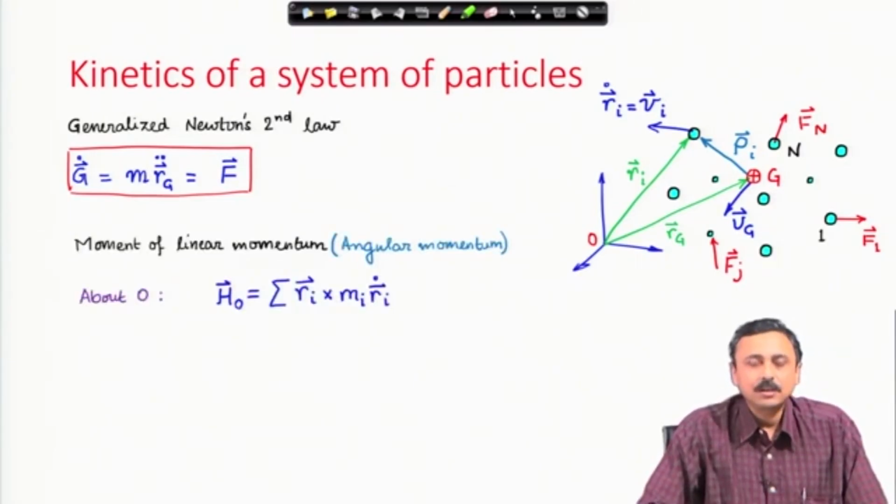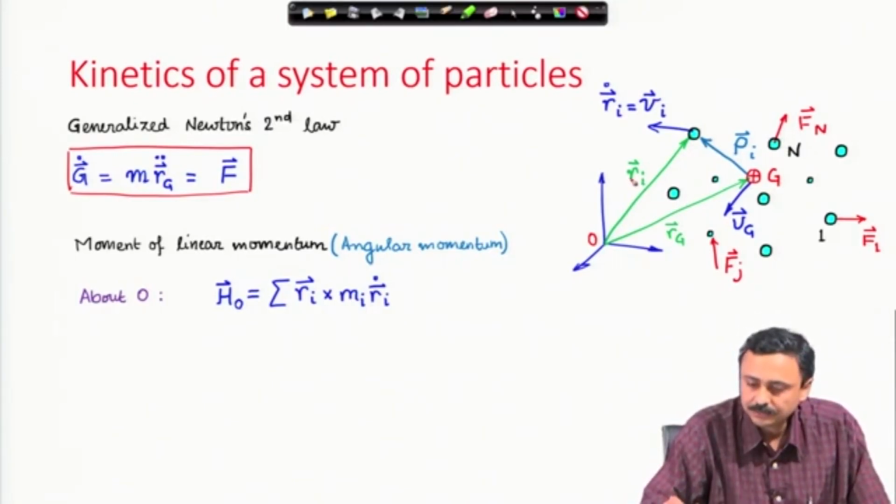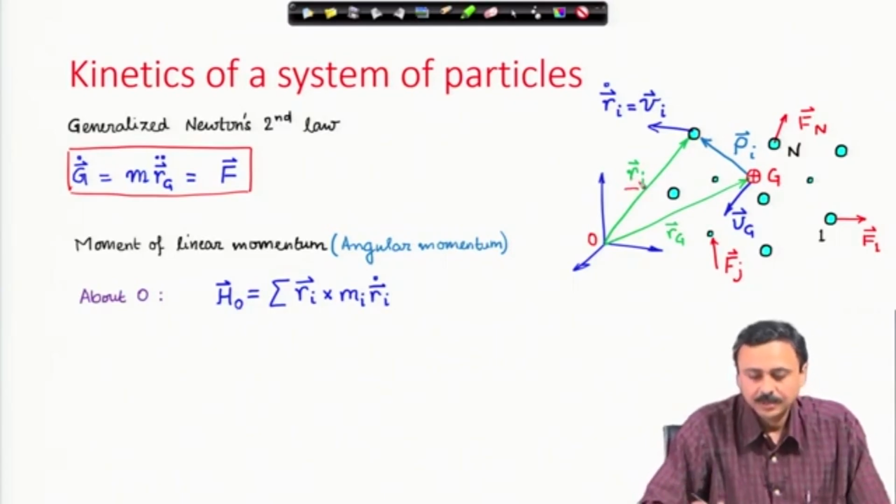Then we discuss the moment of linear momentum, or what is also known as angular momentum, and we had looked at two ways of calculating about 2 points. About this point O, which is the origin of our inertial frame, we had calculated the angular momentum H_O as r_i vector, which is the vector shown here, cross the linear momentum of that ith particle.